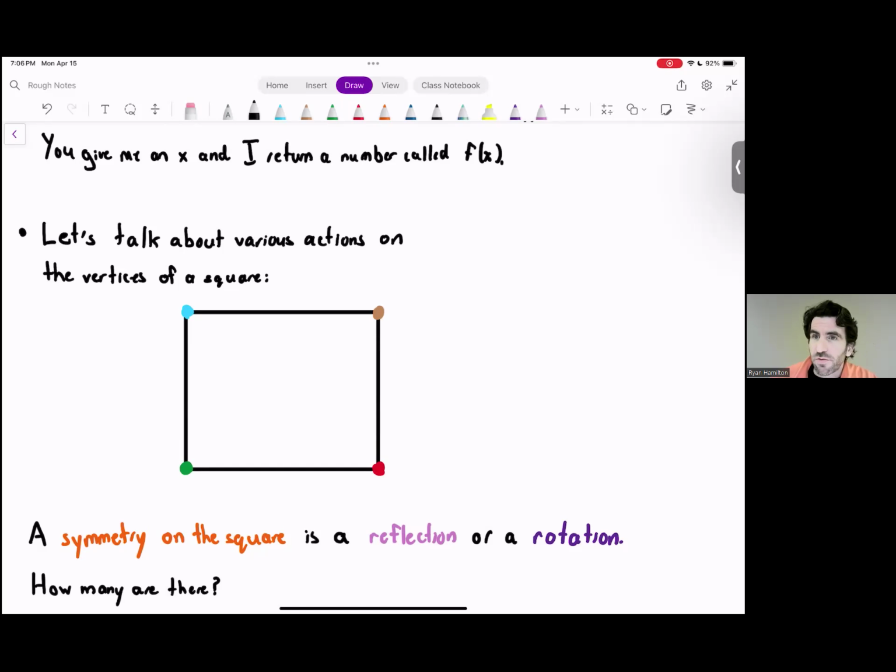The other type is a reflection. So I pick an axis in which I reflect the vertices over this axis. And as long as the result is still a square with 4 vertices, then that is also a symmetry. So let's briefly talk about how many of these things are there.